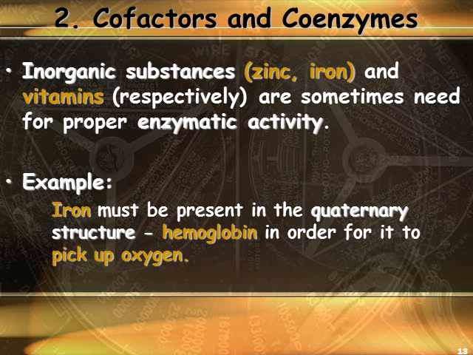So inorganic substances, perhaps like zinc and iron, would be considered to be cofactors, and vitamin derivatives would be considered to be coenzymes because they are organic in nature. And again, they're often needed to aid the enzyme in maintaining the right shape to be able to do the right job.